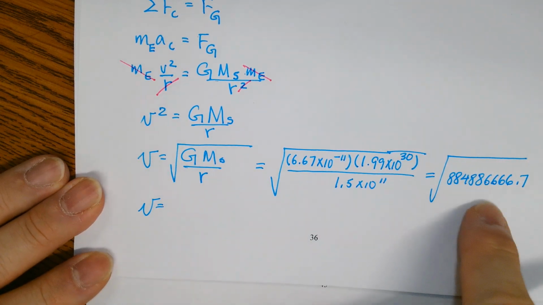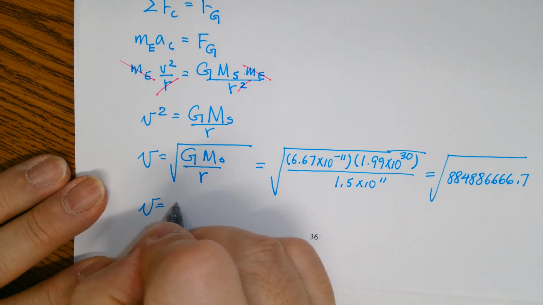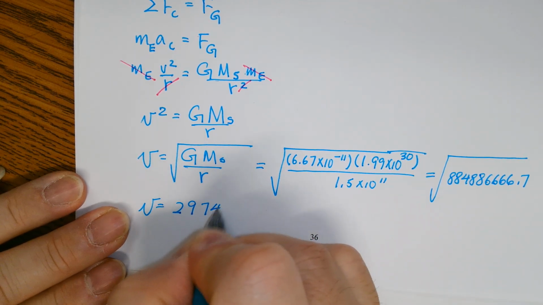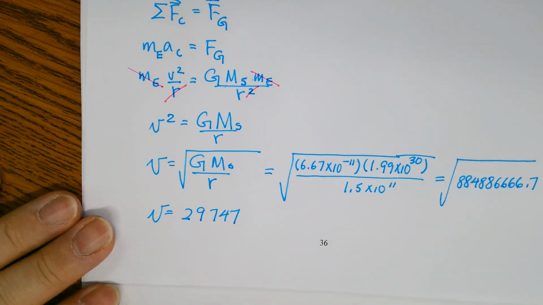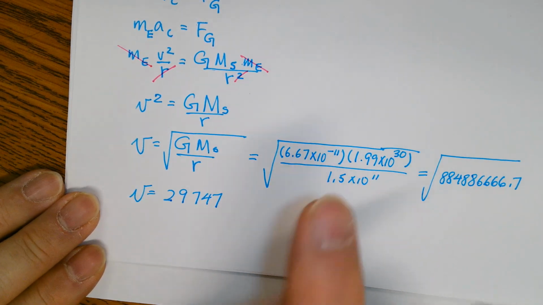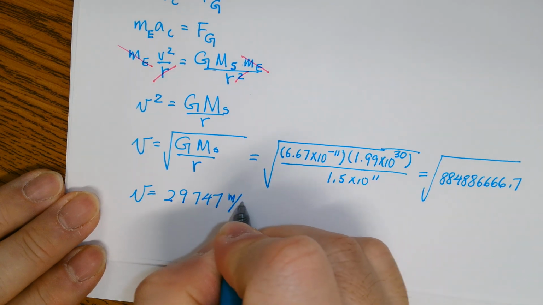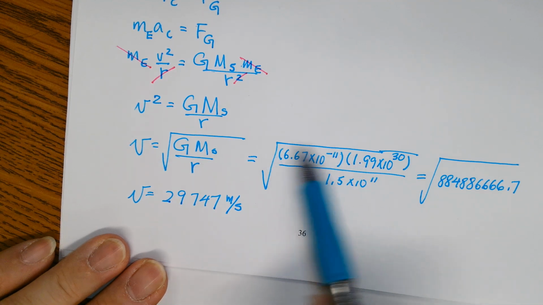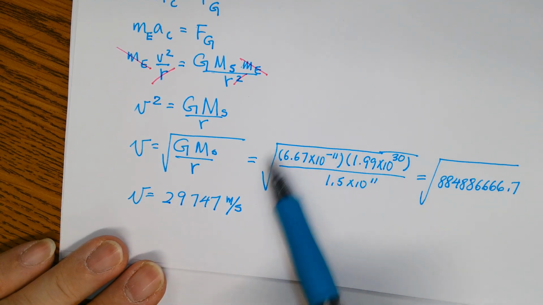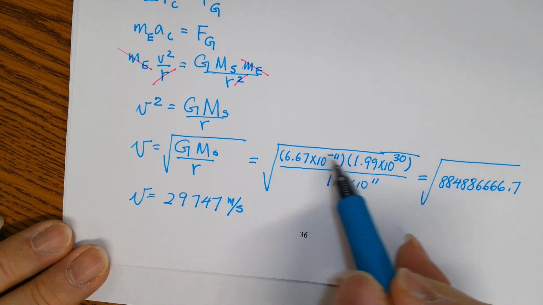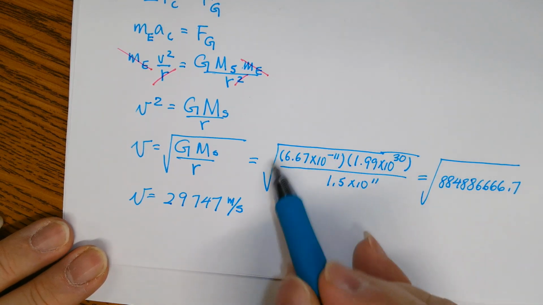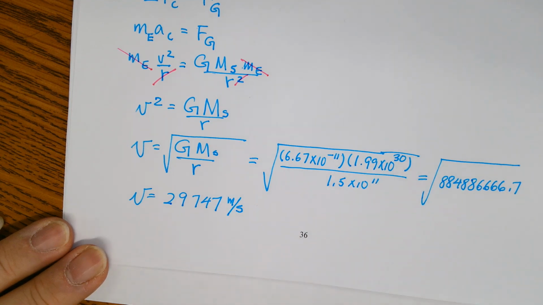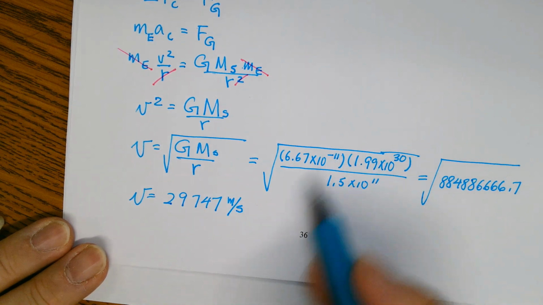So if you take the square root of that number, you should get 29,747. But what's the unit? Well, the unit is going to be meters per second. Because this is in meters, this is kilograms, I'm sorry, newtons times meters squared per kilogram squared. This is also in meters, so you're going to get meters out of this deal and meters per second, because newton has seconds in it.